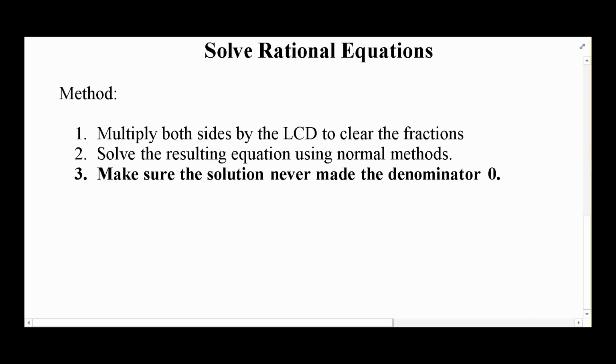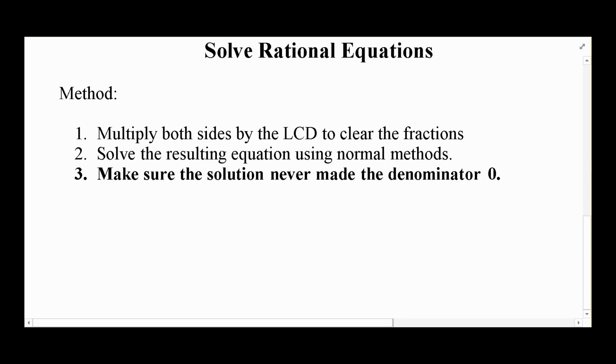So we need to make sure that whatever answer that we get when solving a rational equation doesn't make the denominator 0. For two reasons. One, it would have meant that in solving the equation we multiplied by 0 on both sides, which isn't legal. It also means that we would be dividing by 0 in our equation because we have a 0 in the bottom. Either way, that's not good.